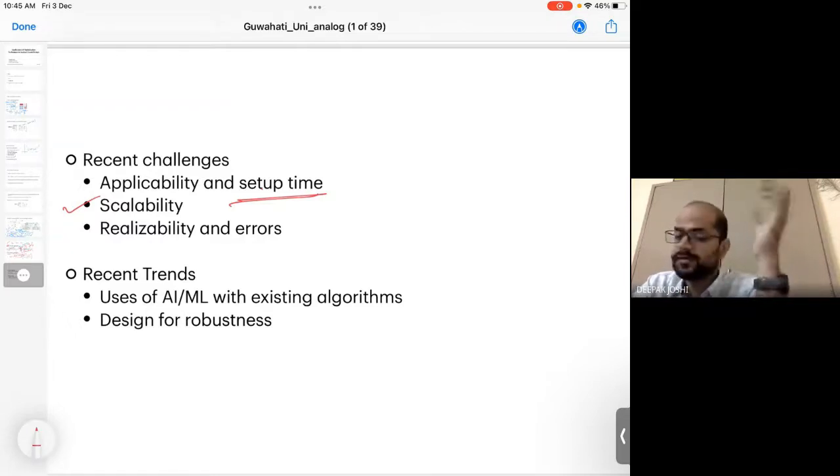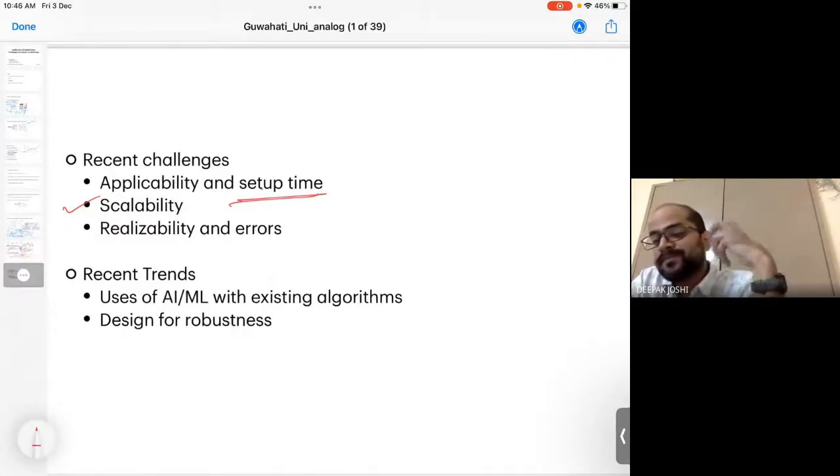Okay, so let us say you are proposing some algorithm, so that algorithm has to be scalable. It should be able to get scaled. Sometimes, if more variables are there, let's say more transistors in the circuit, then more variables will be there.